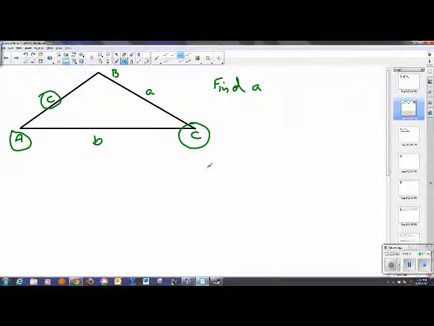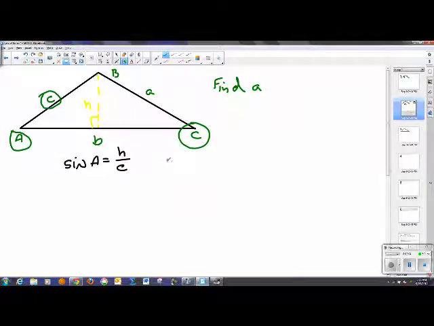All right, now what we have to do in order to accomplish this is actually repeat what we did in the last problem, but in terms of any unknown values. So I'm going to drop in a height. And given the values that I know, I can say that the sine of A is equal to the opposite, which is h in this case, over the hypotenuse, which is c.